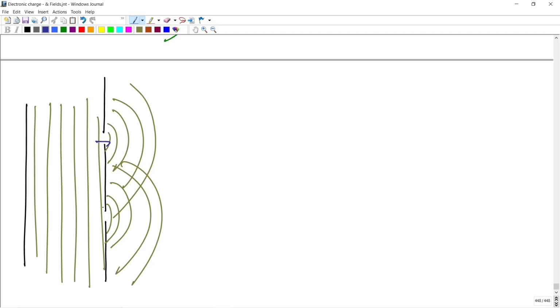These are S, and that is a very small gap, a. Now put a screen here. This is the screen, and we get a diffraction pattern.